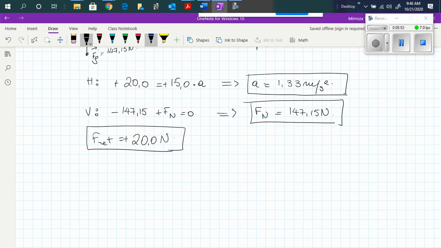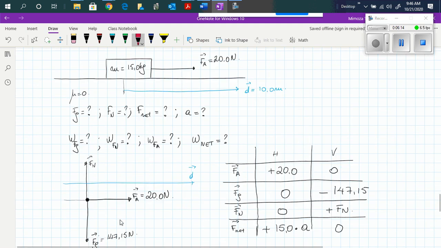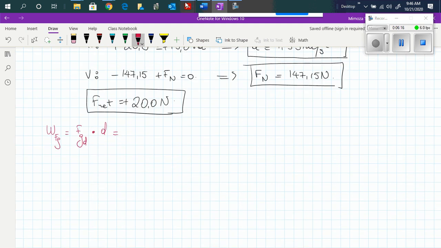So now, the work done by force of gravity will be the component of force of gravity along the displacement times the displacement. We said that the displacement is 10 meters.